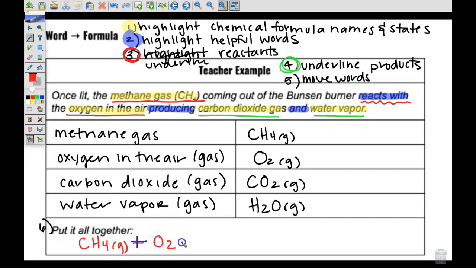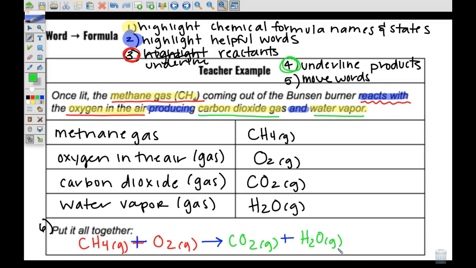So O2 is a gas. And it produces, so yields, produces, creates is my arrow. And then I have my products of CO2 gas and water vapor, which is just water in a gas form.